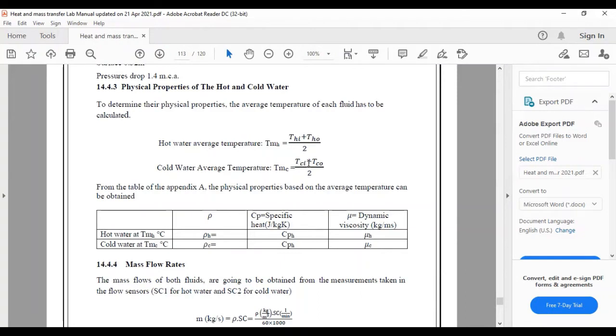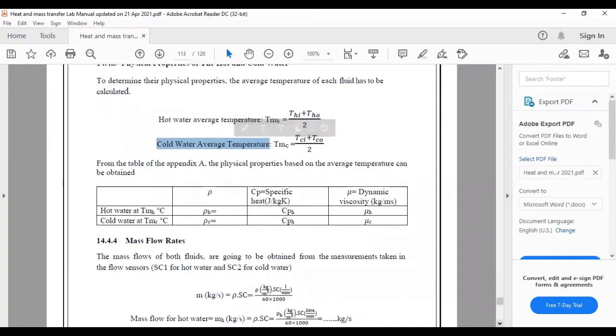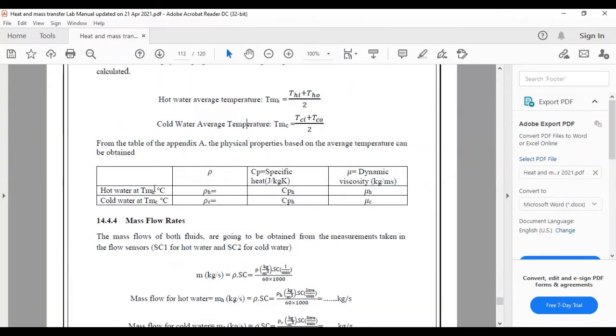Similarly, TCI and TCO. TCI represents the cold water inlet and TCO represents the cold water outlet. We will take their average, and it is the cold water average temperature. Now why are we taking the average? Because at these values we will find these parameters: density, specific heat and dynamic viscosity. These three properties change with temperature.